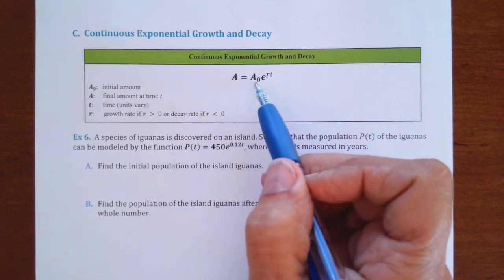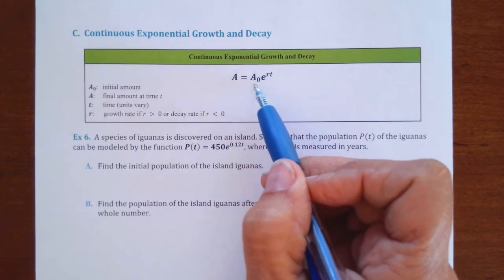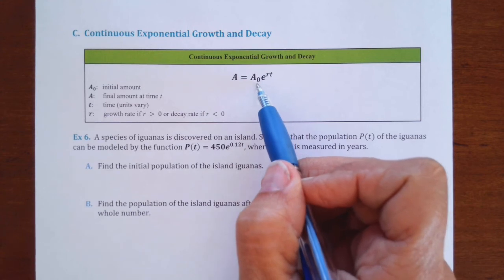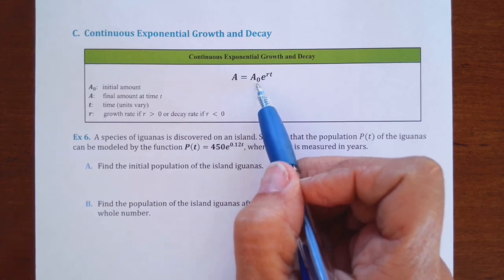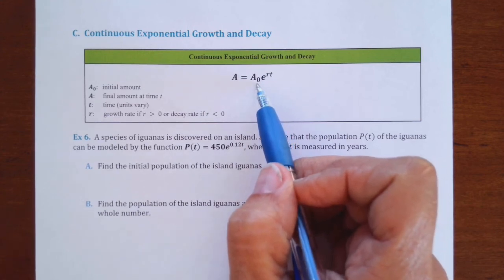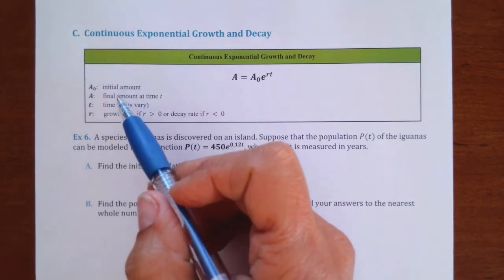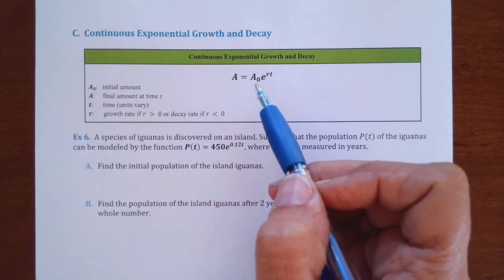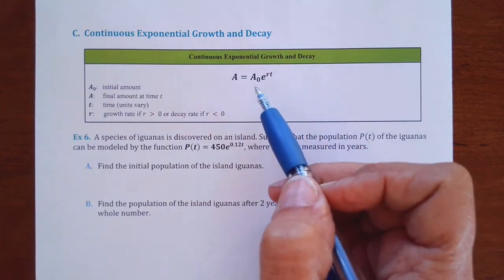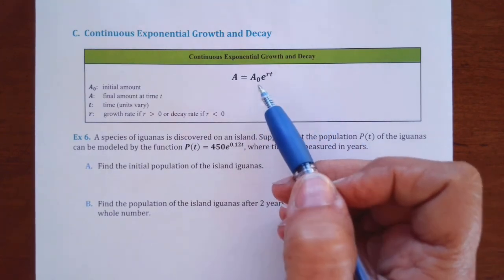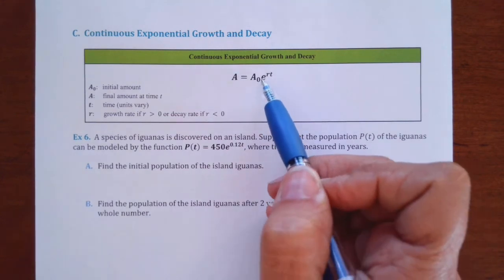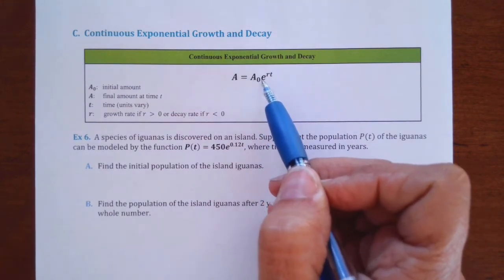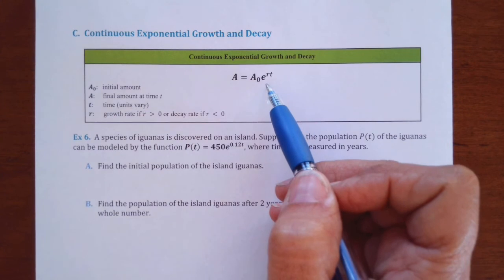It's just that we don't use a P for this amount because P stands for principal, and principal is usually money. So they changed the P to this A sub 0, but it's still the initial amount. Whether it's money or other things, animals or population or whatever you're doing, this is still going to be the initial amount, and everything else remains the same.